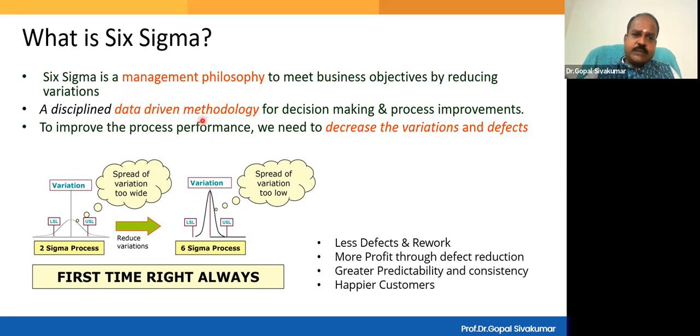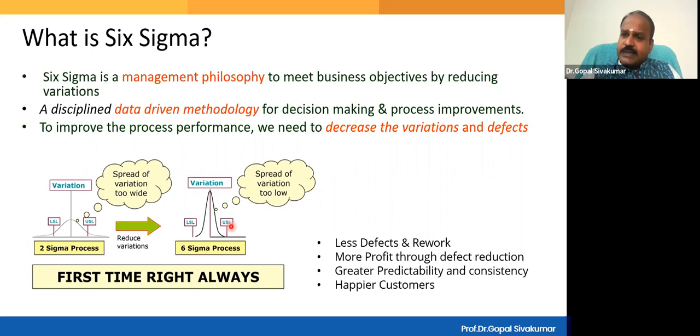So Six Sigma is a disciplined data-driven methodology for decision-making and process improvement. Any process can be visualized in the form of a bell curve, because nature always exhibits a bell curve. Any natural process will exhibit a bell curve.